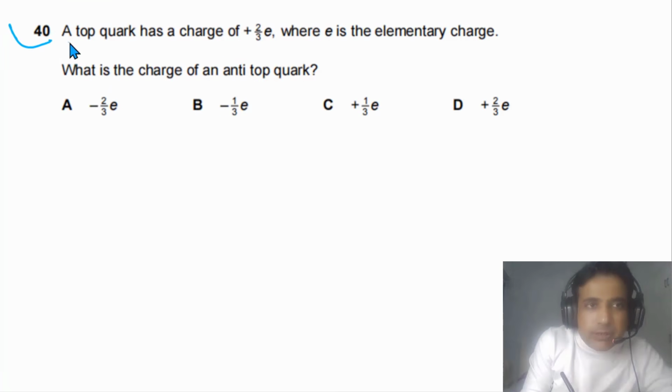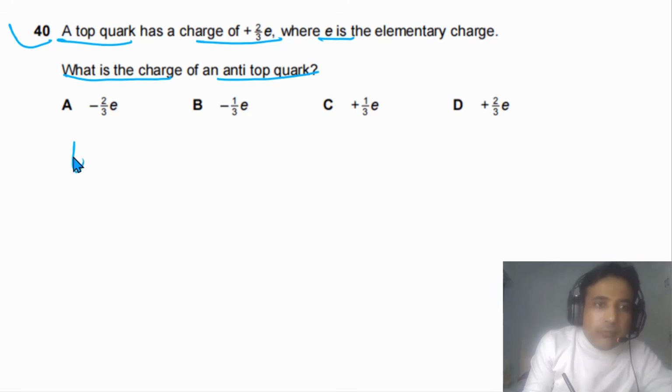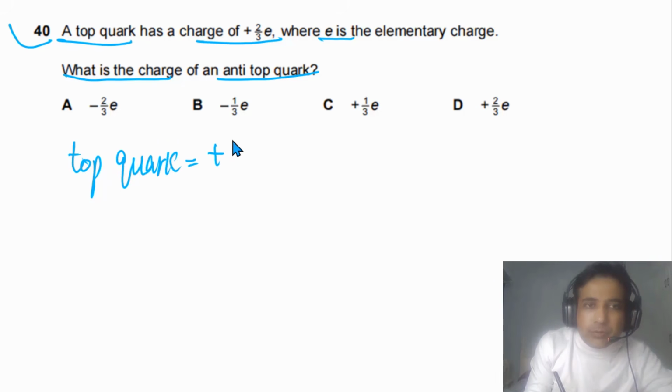Question 40 says a top quark has a charge of plus 2 by 3e, where e is the elementary charge. We need to find the charge on an anti-top quark. It is given that the charge on the top quark is plus 2 by 3e.